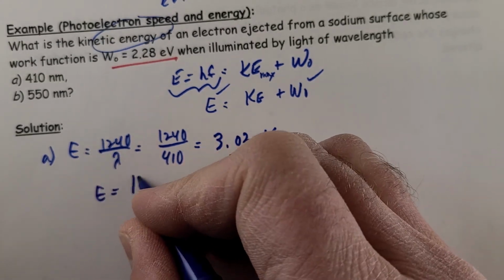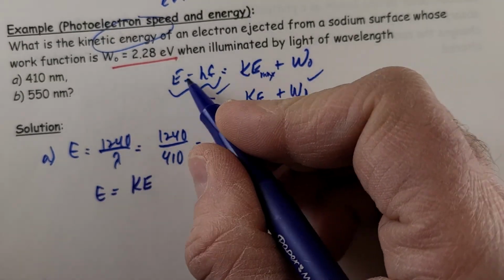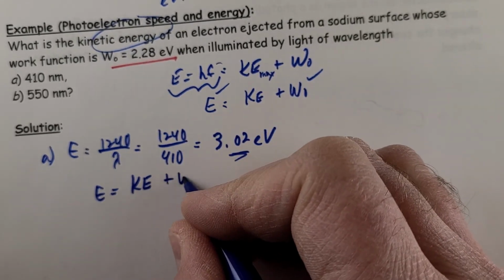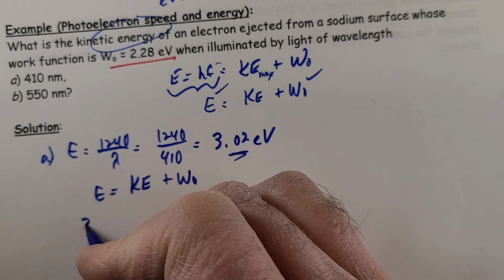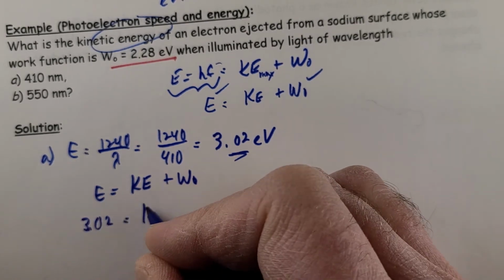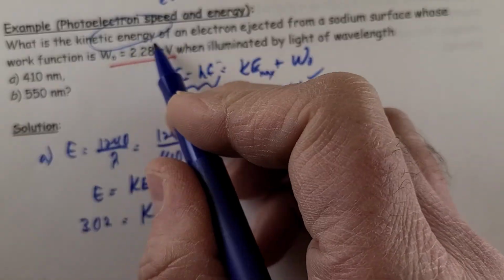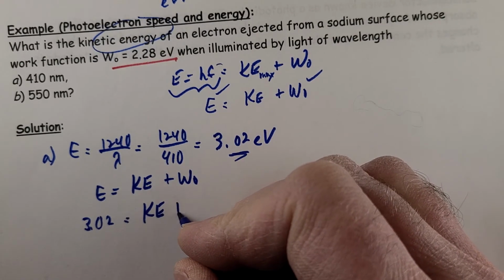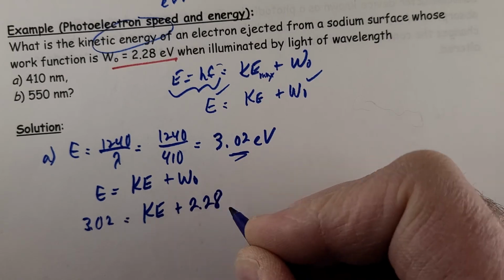So E is equal to, now notice sometimes I call it E equals this or hf equals that. It's the same thing. So I have my 3.02. And the minimum energy is, so to get this electron out, it takes 2.28.